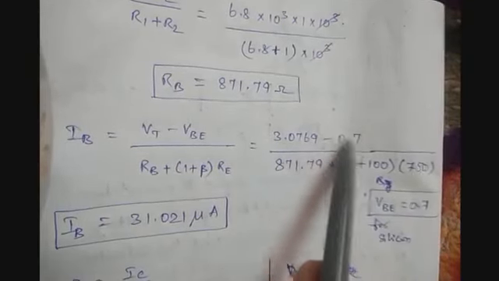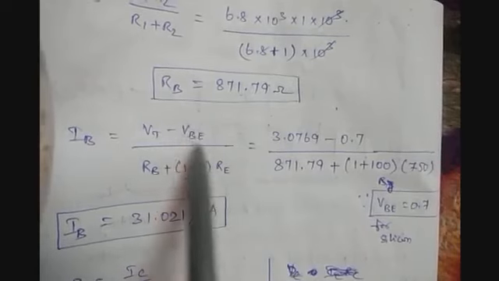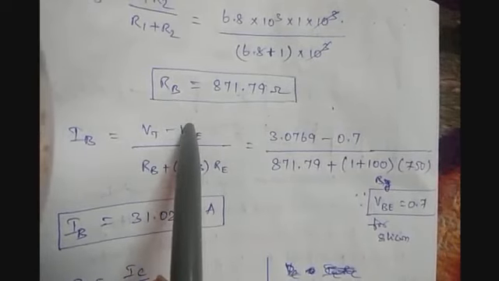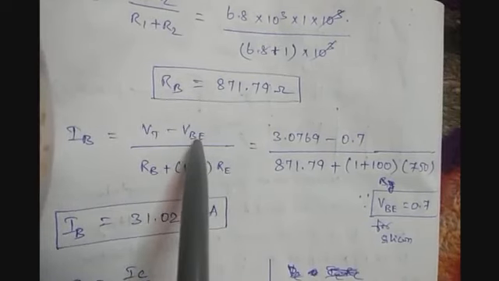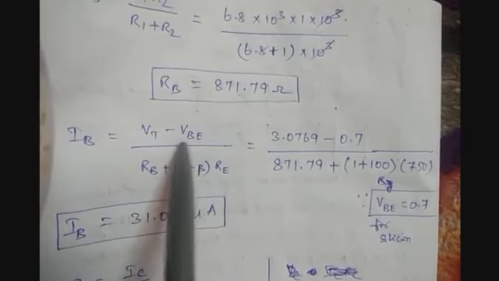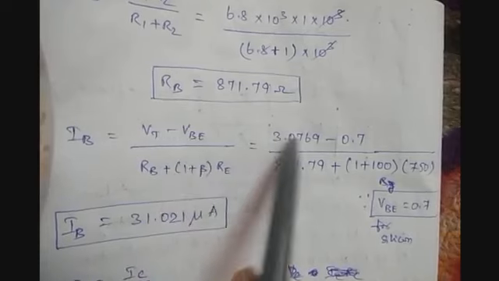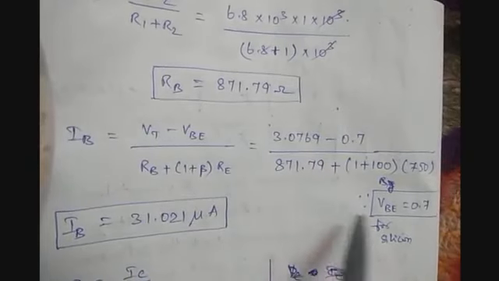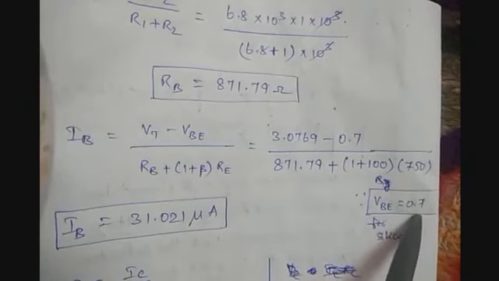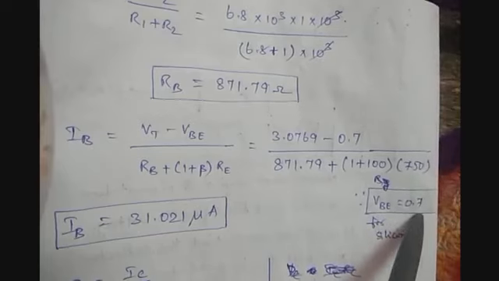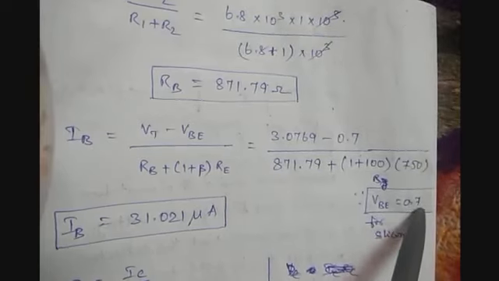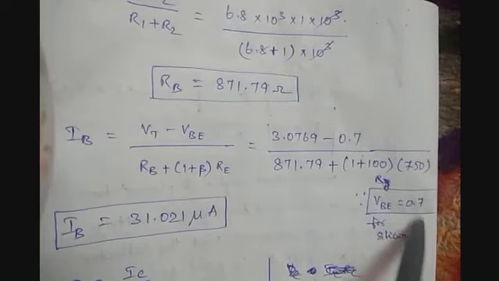See here, by default, whenever VBE is not given in the question, and nothing is mentioned in the question, you should consider that the semiconductor material will be silicon. So for silicon, the cut-in voltage is 0.7. We know that. For germanium, in the question itself they will give germanium diode, silicon transistor, germanium transistor, like that.